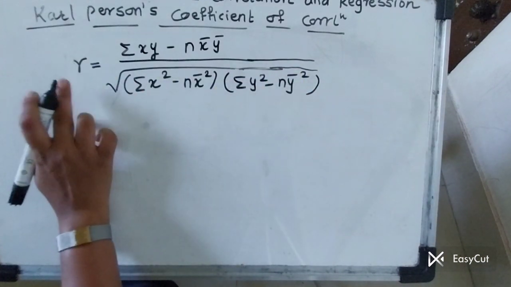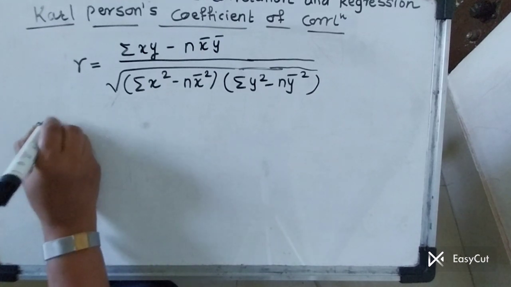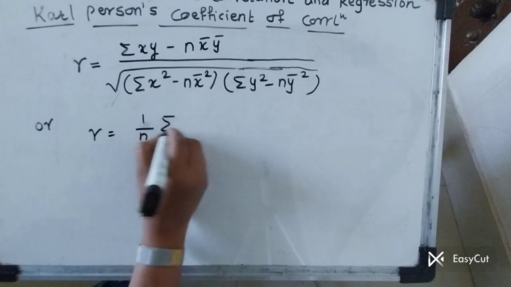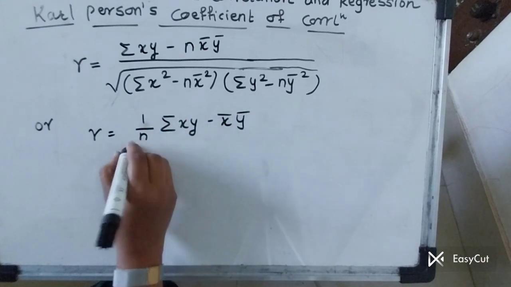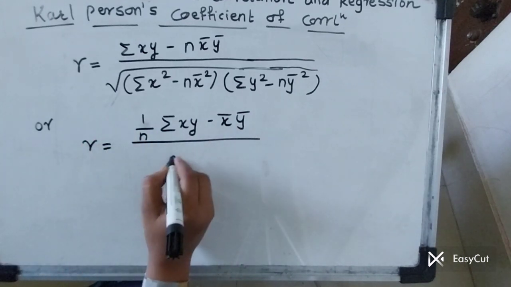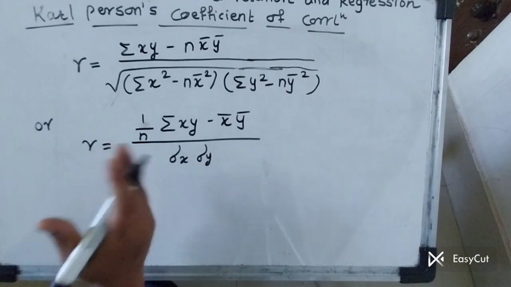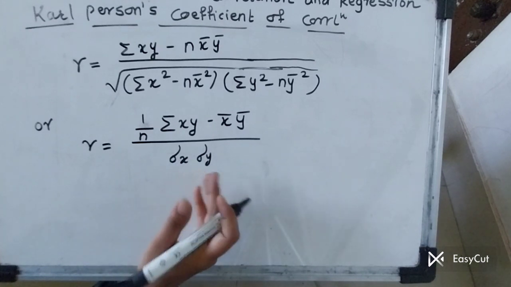Or r equals 1 upon n summation xy minus x bar y bar, divided by sigma x sigma y, depending on the theory part which formula we can use.